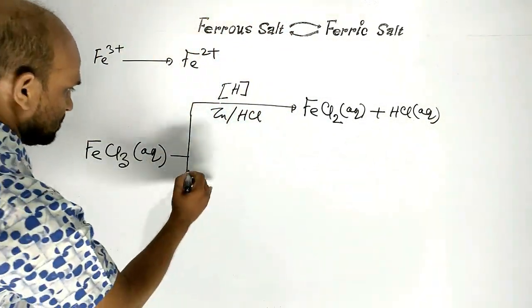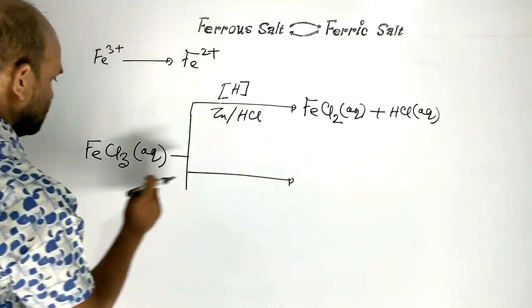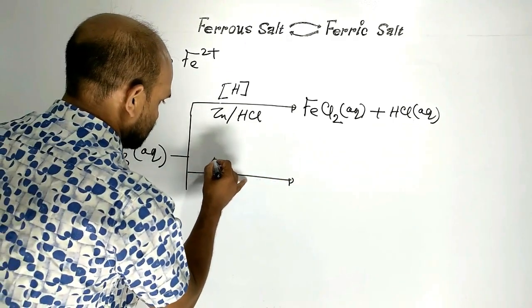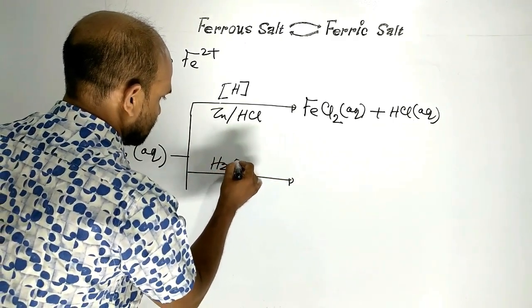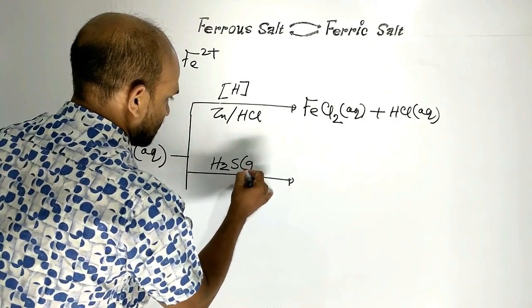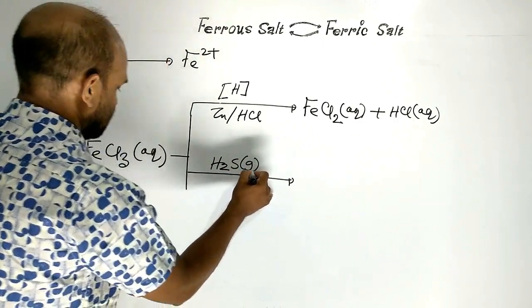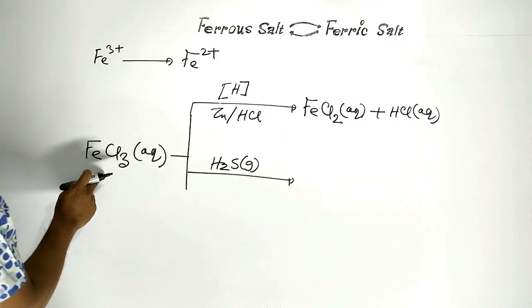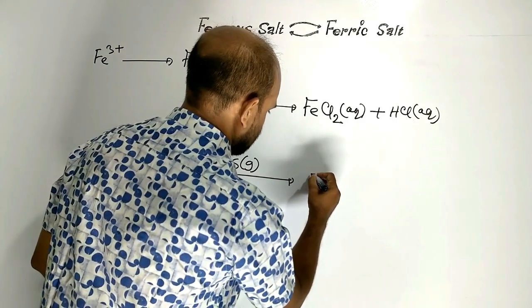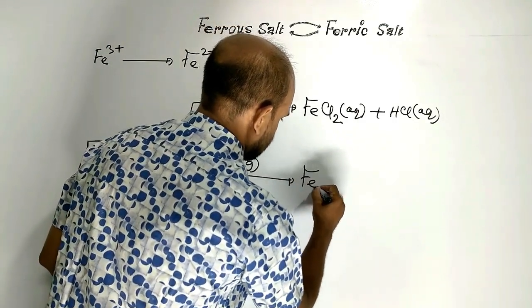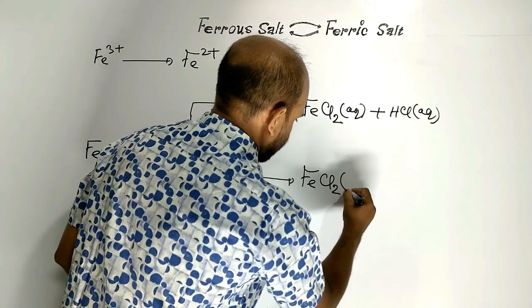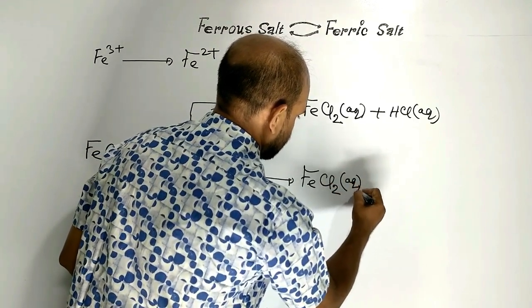Again, ferric chloride is treated with reducing agent hydrogen sulfide gas. Then ferric chloride experiences reduction and as a result, ferrous chloride is formed.